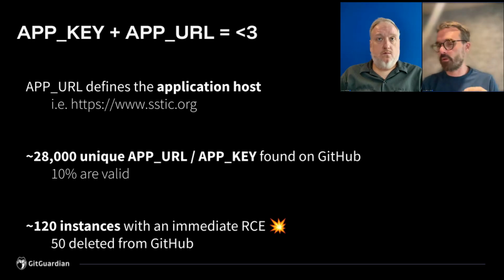That's, again, really huge. And out of that, 50% were removed from GitHub, which means that we are able to find critical information, app key, app URL, that were actually removed from GitHub. So someone kind of noticed that we are leaking some really critical data, but instead of doing revocation, decided to remove it from GitHub.